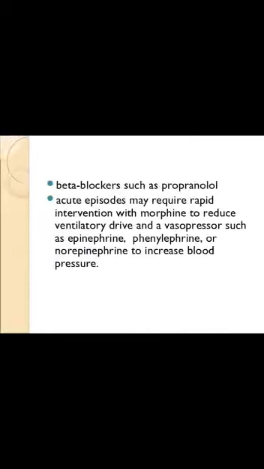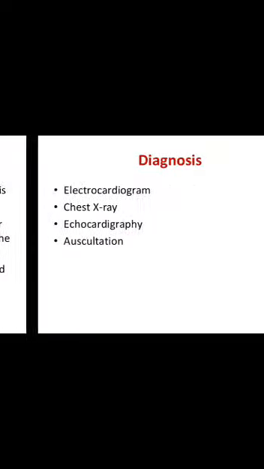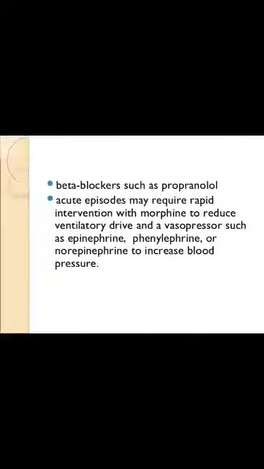Next, we can give beta blockers such as propranolol. Acute episodes of tet spell may require rapid intervention with morphine to reduce ventilatory drive and vasopressors such as epinephrine, phenylephrine or norepinephrine to increase blood pressure.